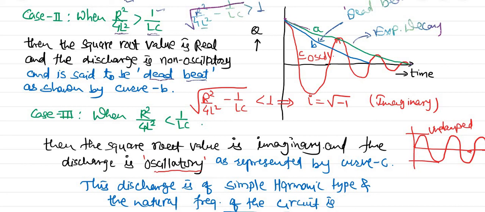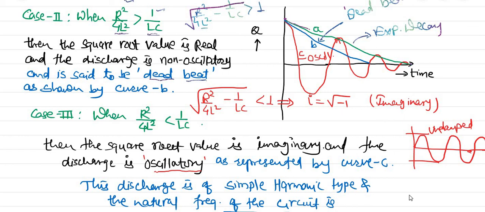But in curve C, after every cycle the amplitude decreases, and finally it goes to 0. Such oscillations are known as damped harmonic oscillations, and this is taking place in our electrical circuit. That's why this article is the damped simple harmonic motion in an electrical circuit.